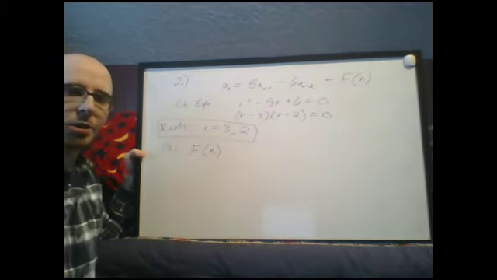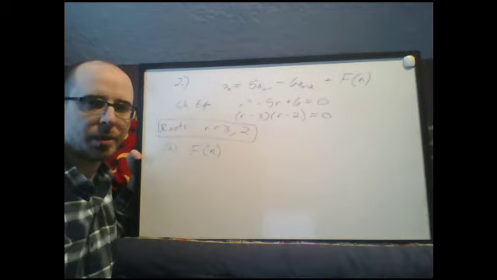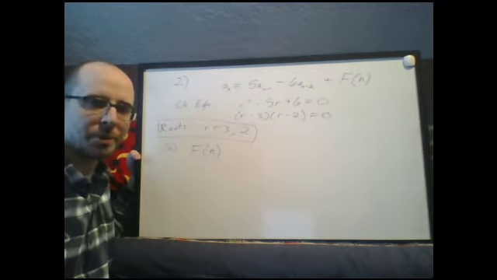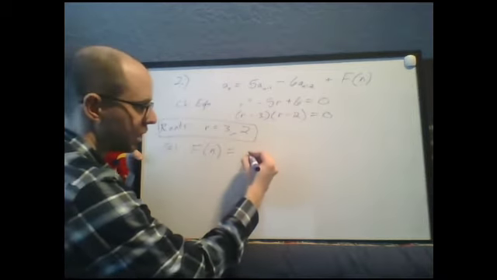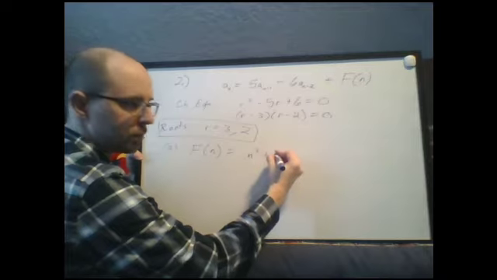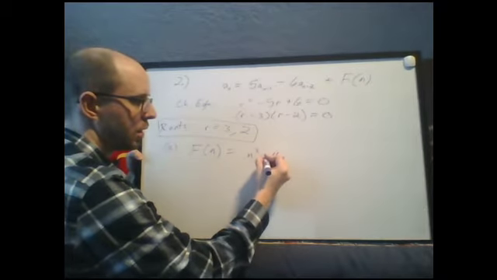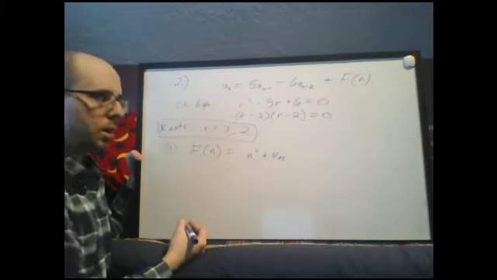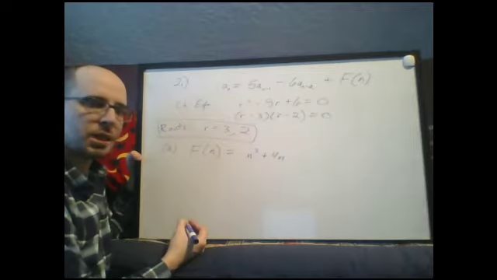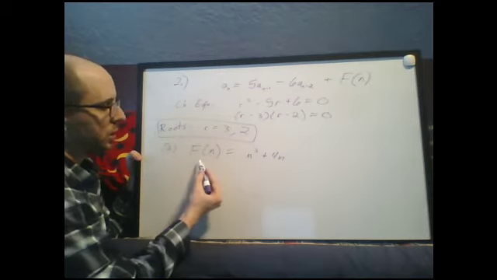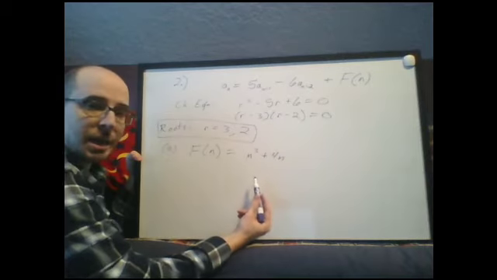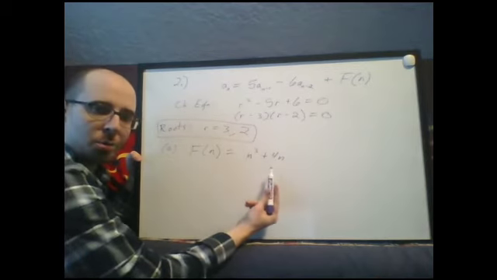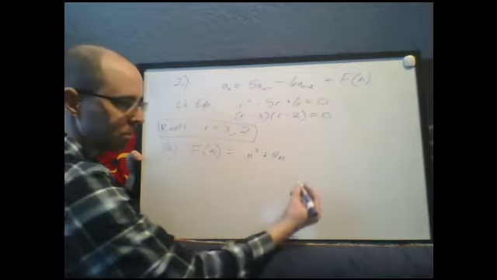Okay, so we don't care about the homogeneous part. We just care about finding the form of the particular solution, if f(n) is n cubed plus 4n. The thought process here is that you want to write your function f(n) as a product of a polynomial expression with an exponential expression.